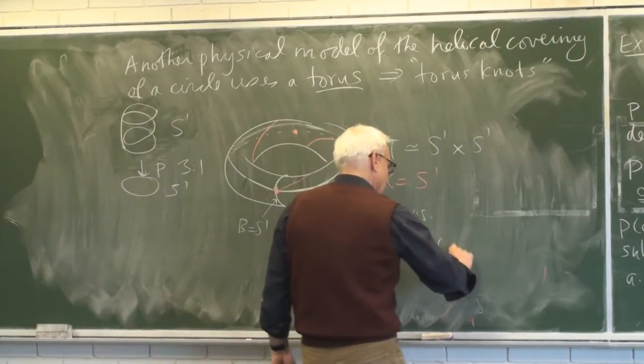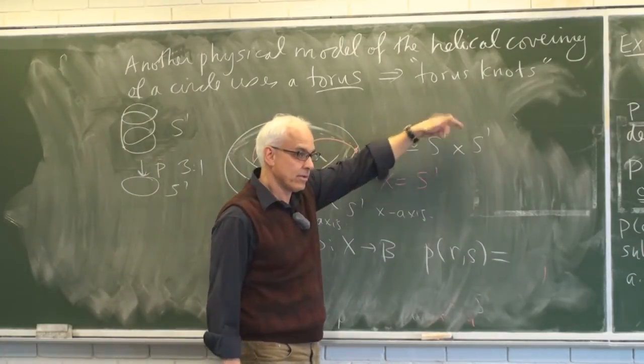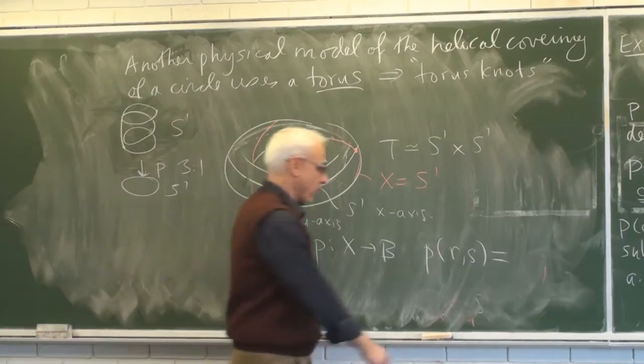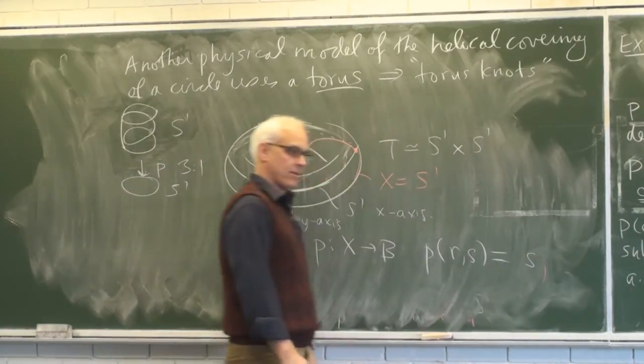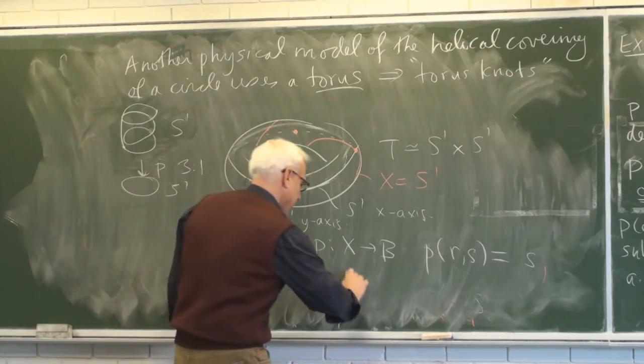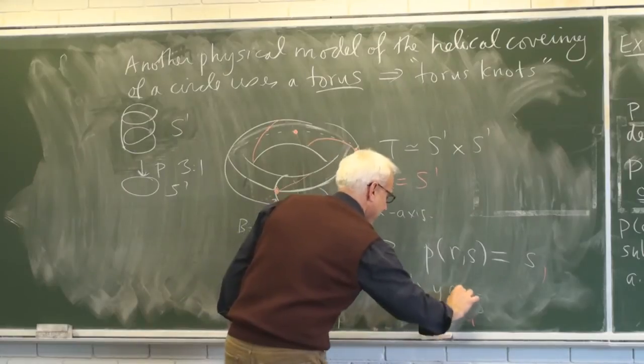So P sends (R, S) to, in these coordinates, well, we're just going to ignore the x coordinate and just send it to S. That's like projection onto the y-axis, if you like.